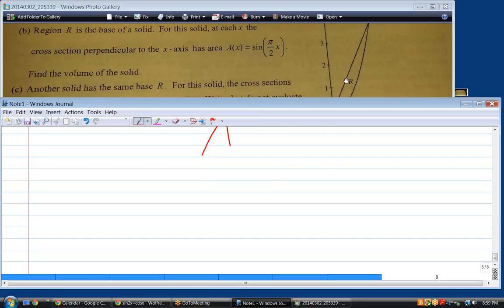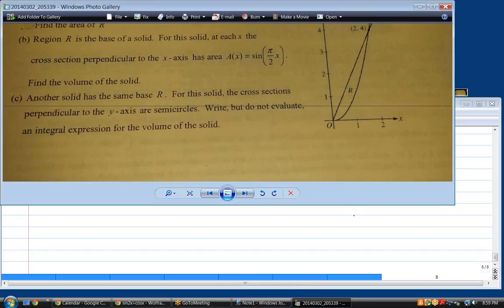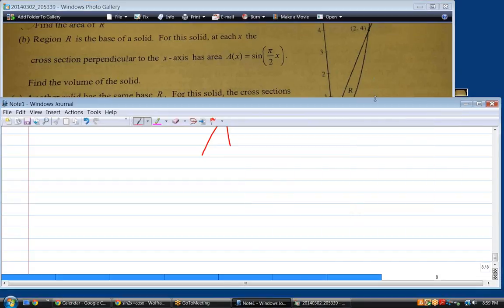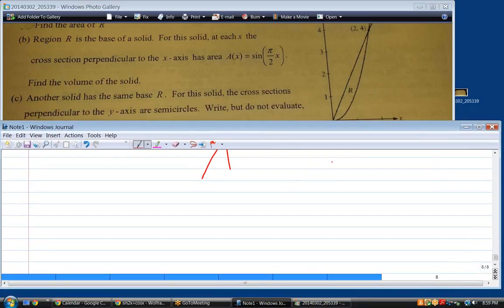We're using semicircles. So, in other words, if this is my base, and I'm going to use semicircles perpendicular to the y-axis, each semicircle is going to be like that.